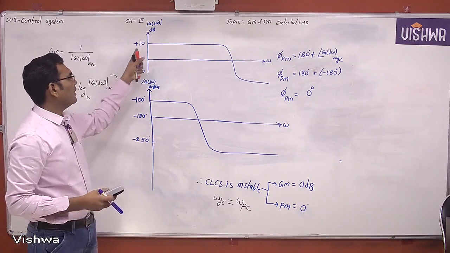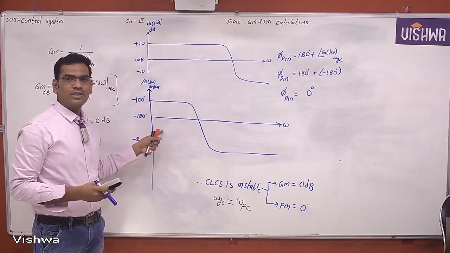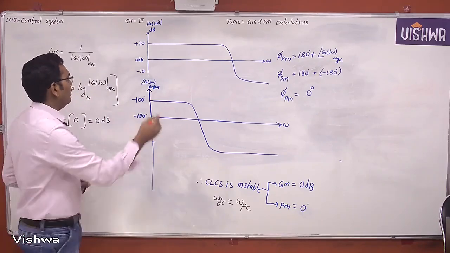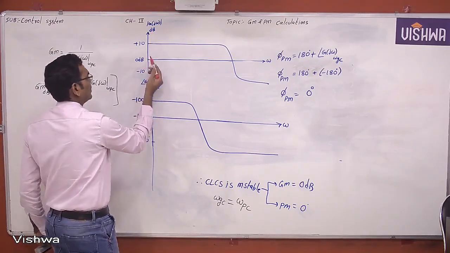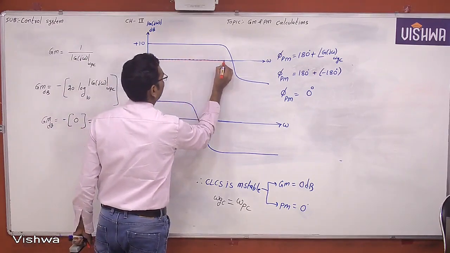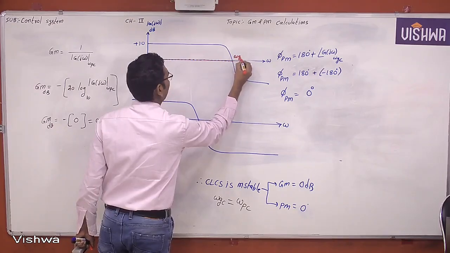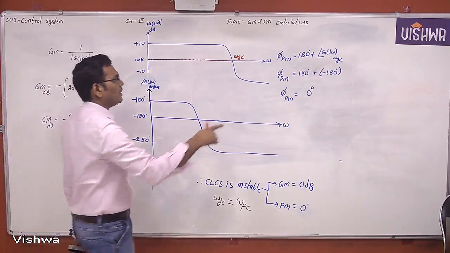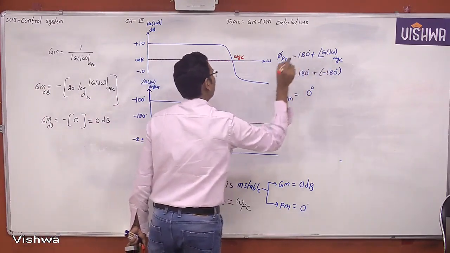This is the magnitude plot and this is the phase plot. Now students, you just see, when the magnitude of the open loop transfer function equals 0 dB, then this particular frequency is called the gain crossover frequency. But I am not interested in the gain crossover frequency itself; at the gain crossover frequency, I want the phase angle.